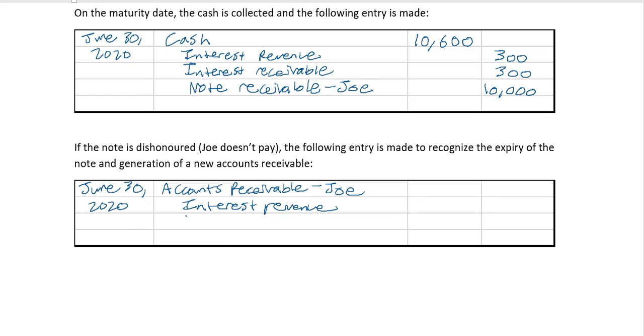And then we will have the reversal from 2 entries ago, interest receivable. That's the adjusting entry we made at year end.